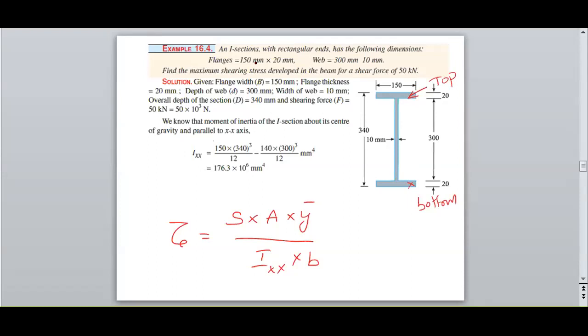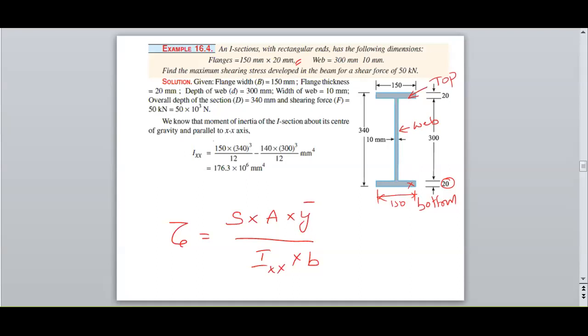The flanges have dimensions 150 into 20. This is 150 and the depth is 20. In between the flanges we have a web.